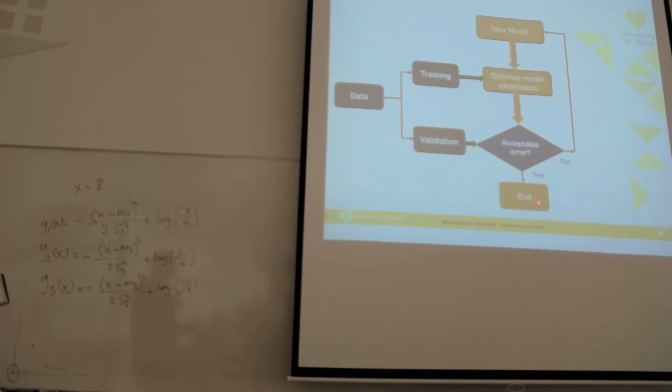If yes, you got the result, and of course you might use the validation also to improve the model. If no, then increase the model complexity, and then optimize again on the training data. Acceptable error? If yes, done; if no, go back, and we continue until the learning process is done.